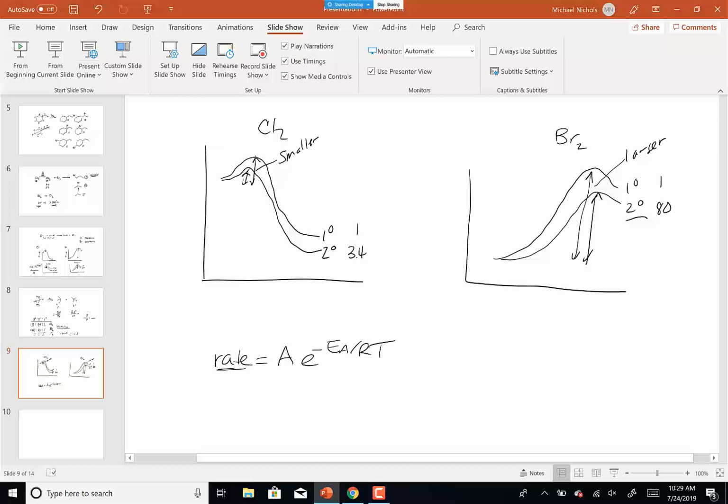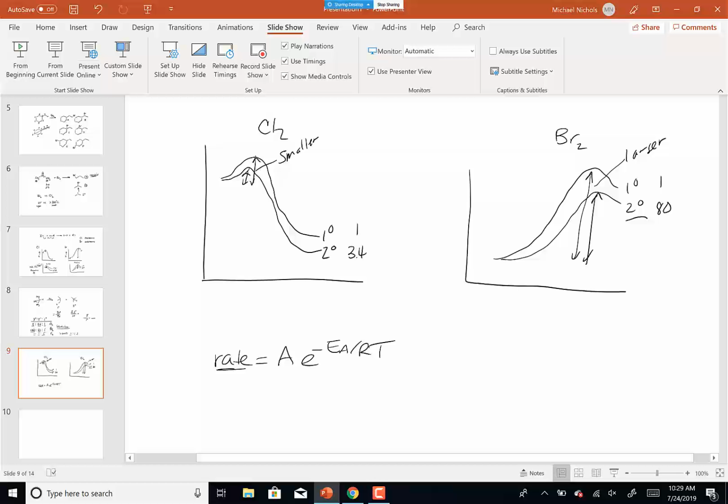Now how would you make chlorination go from 3.4 to 1 to maybe 50 to 1? I've got really healthy hikers with a lot of energy, and they can overcome the two barriers at nearly the same rate. How do I differentiate the rate? Take away some?